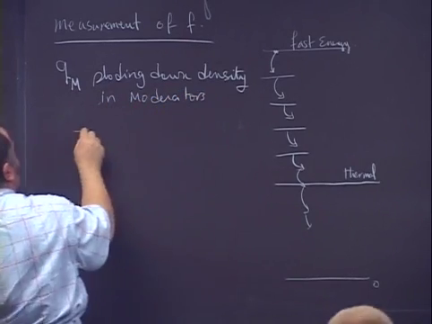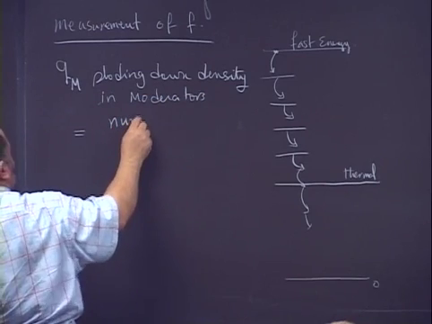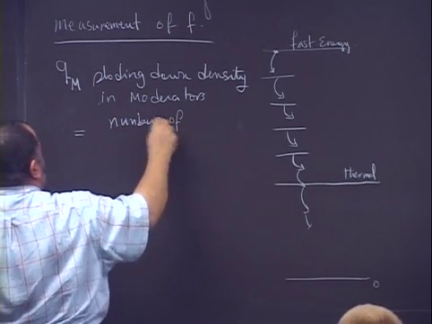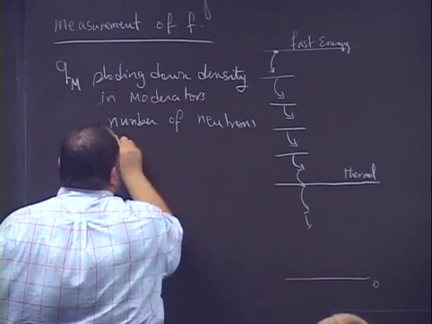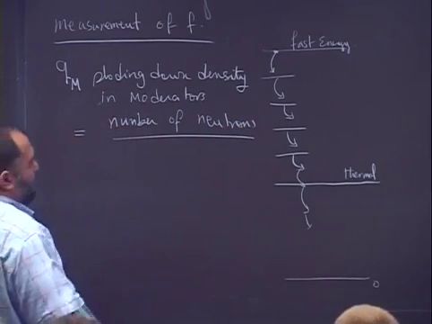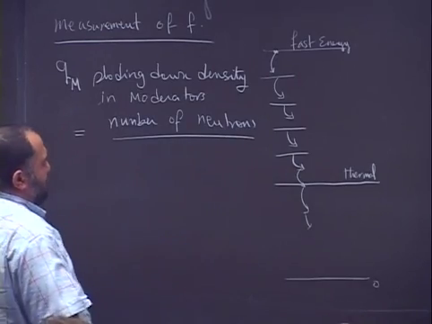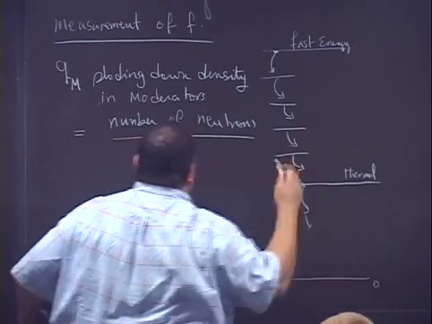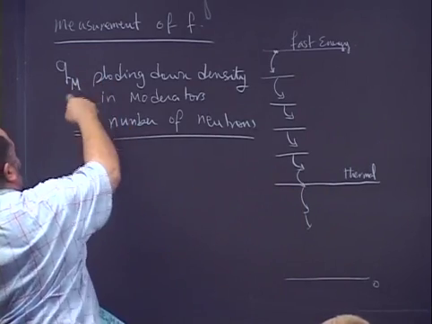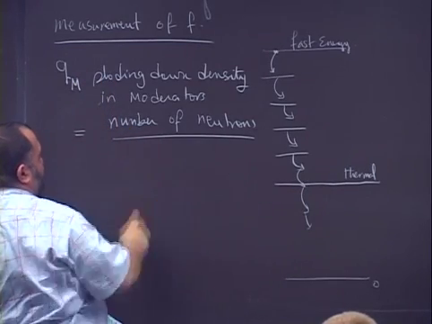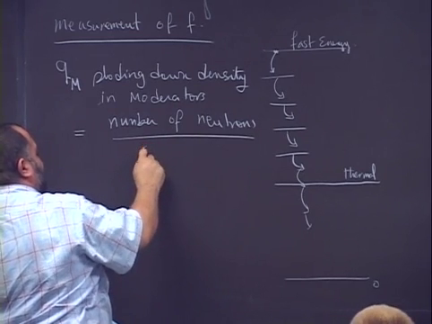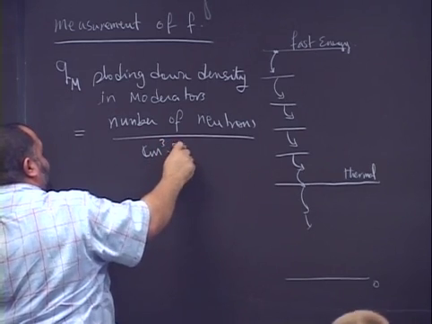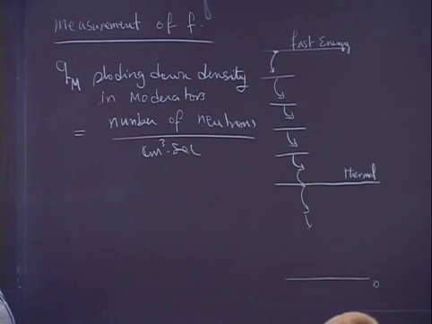If you remember, it's the number of neutrons slowing down beneath, let's say, the thermal energy region, or beneath any energy of interest, if this is Q of E in the moderator. So the number of neutrons slowing down past a certain energy per centimeter cube per second. It's not like the flux, which is per centimeter square; this is per centimeter cube.